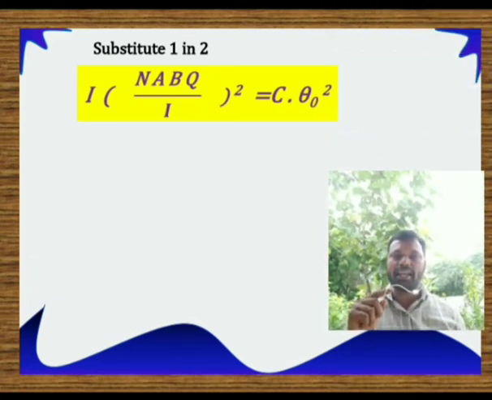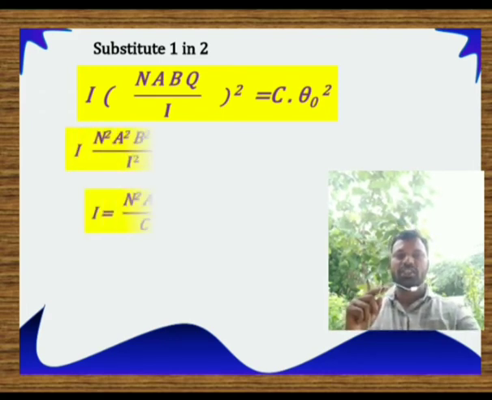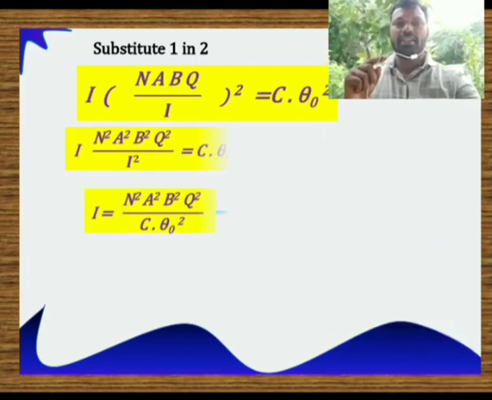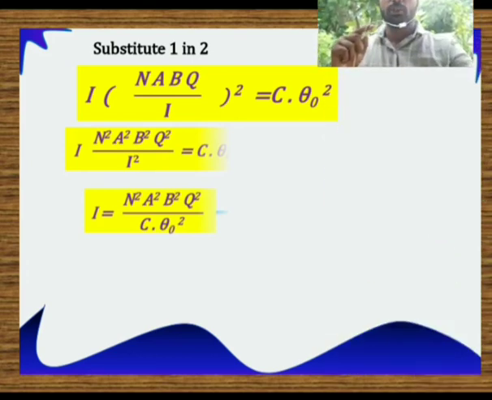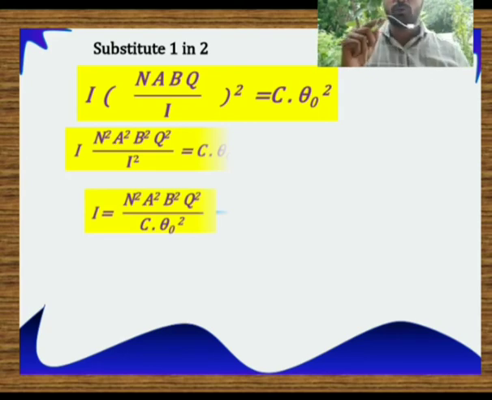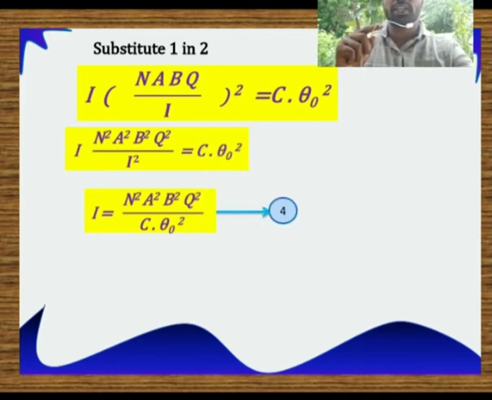NABQ by I. If you substitute here and simplify this equation, you will get I into n square a square b square q square by I square equals C theta naught square. From I cancel, now you will get only I. Bring all the constants outside, then you will get I is equal to n square a square b square q square by C theta naught square.